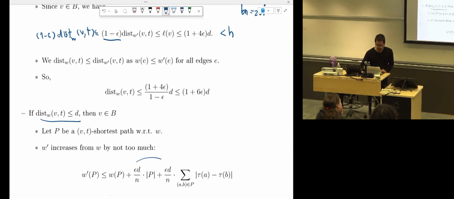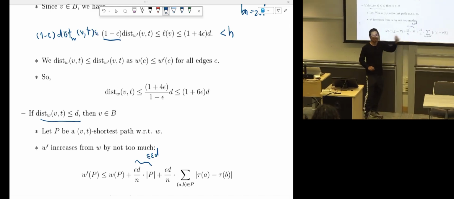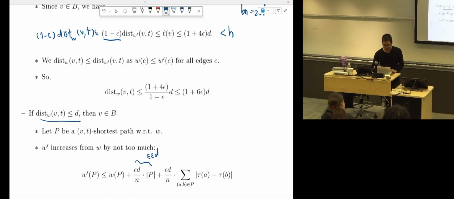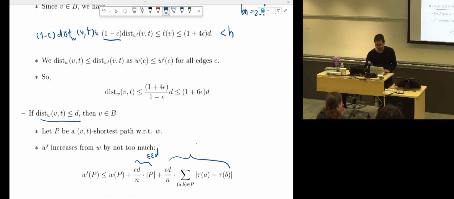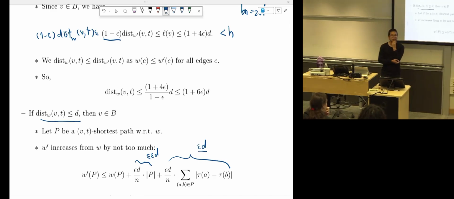But now I claim that both of these are at most epsilon d. This should be easy because there are at most n edges in the path. How about this? I claim that this is at most epsilon d too. Why is that?